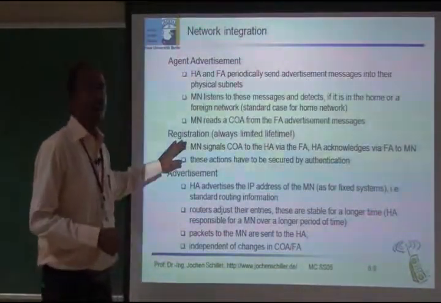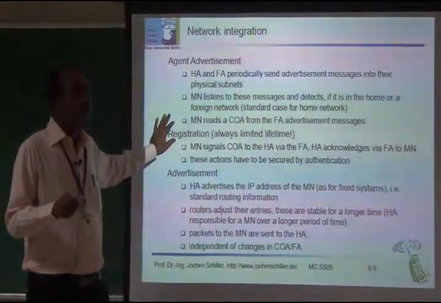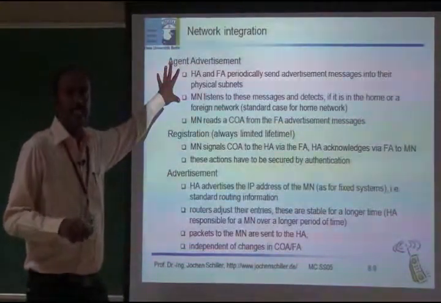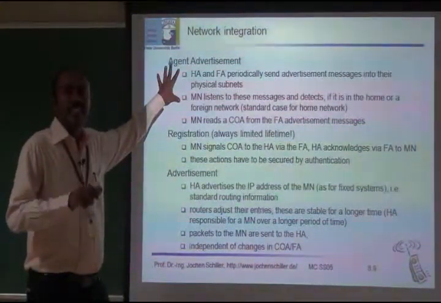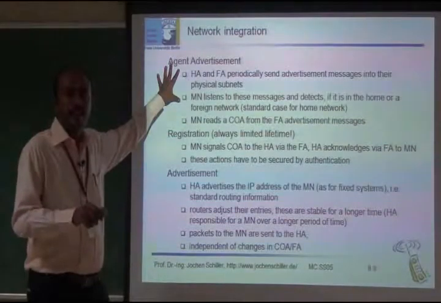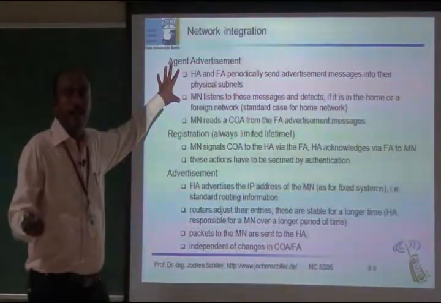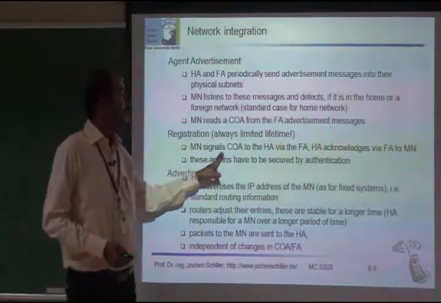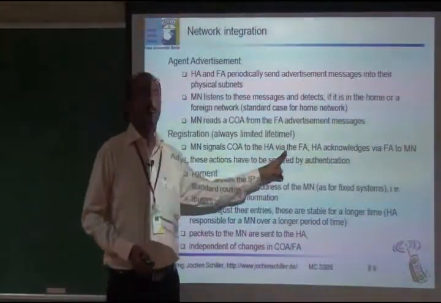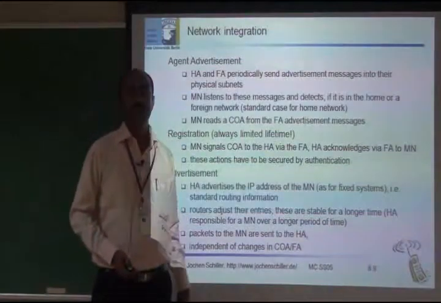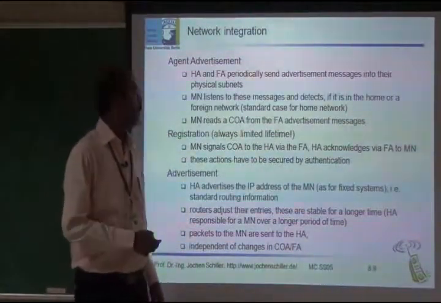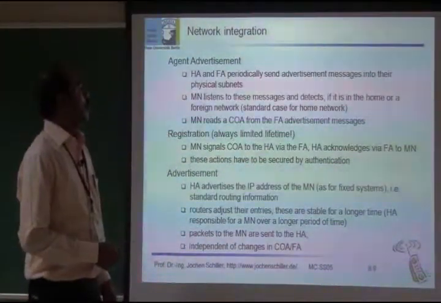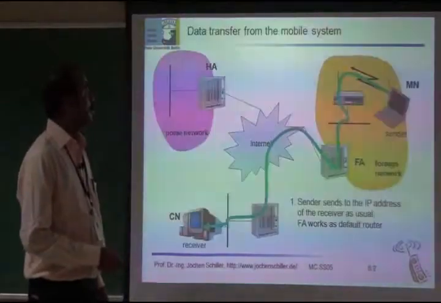And registration: after sending the advertisement messages, it will register its details in the database and with their neighbor nodes, that is, the mobile node or correspondent node, right? The MN signals the COA to the HA via the FA, and the HA acknowledges via the FA to the mobile node, right?